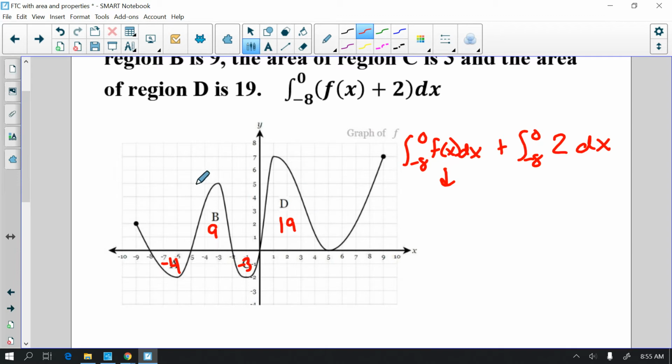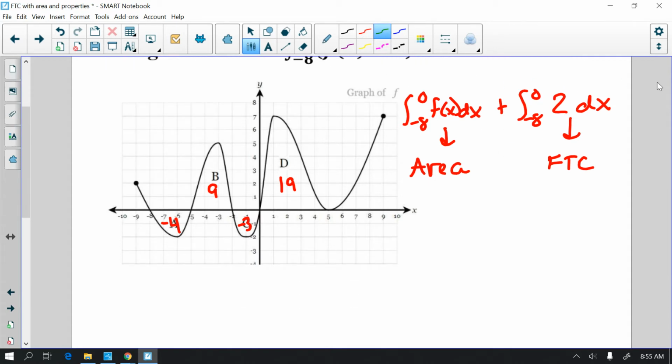This part right here goes along with my graph, and since I have a graph, the way I can evaluate the definite integral is by using area. This one over here, 2, is an actual function, so if I have a function, that's where I can use the fundamental theorem. Again, I'm separating into two definite integrals because that way I can use two different ways to evaluate what those values are going to be.